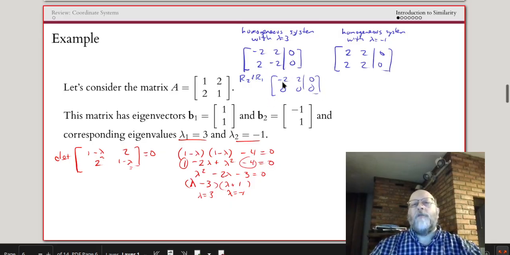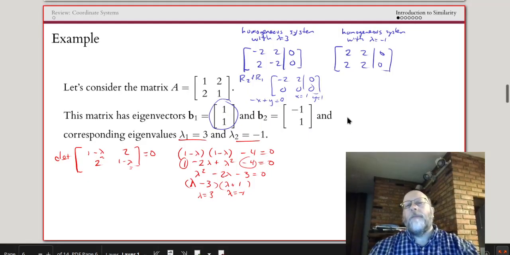And so negative 2x plus 2y is equal to 0, or negative x plus y is equal to 0. That's just saying that x and y are the same, and that gives us the vector 1, 1. X could be 1 and y could be 1. The other matrix we row reduce by taking row 2 minus row 1.